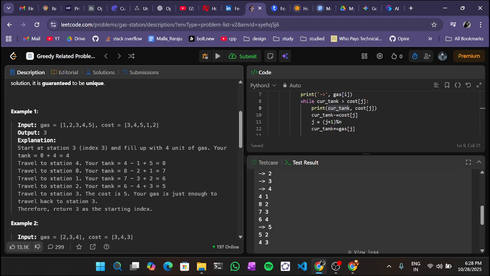Okay. 7 minus 3 plus 2. 7 minus 3 would be 4. 7 is obviously greater than 3.